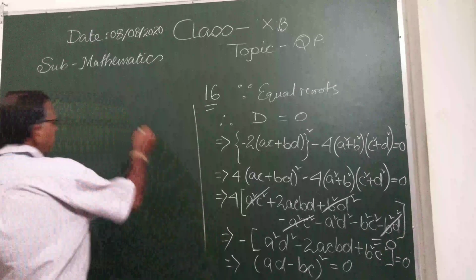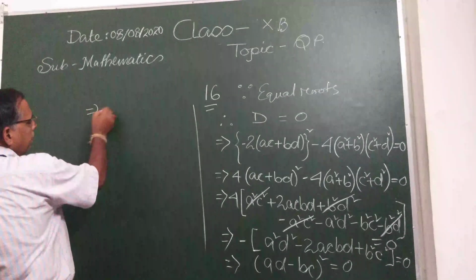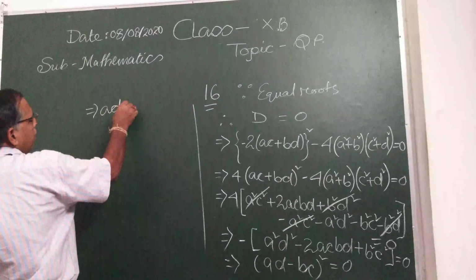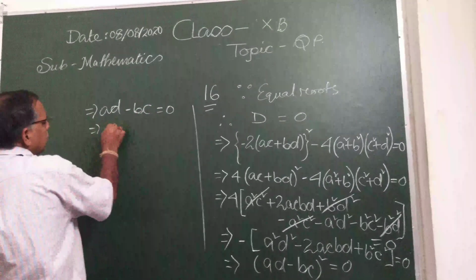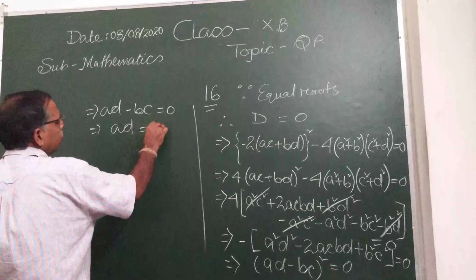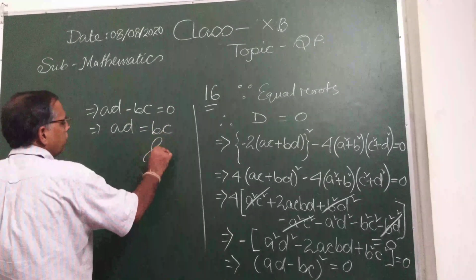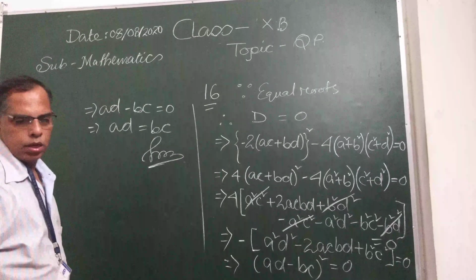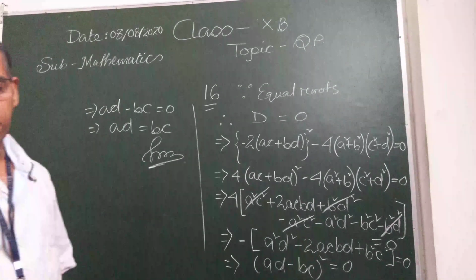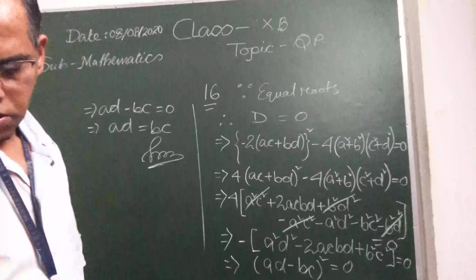So what will happen? Implies AD minus BC equal to 0, implies AD equal to BC. So proved. So this is your answer, question number 16.